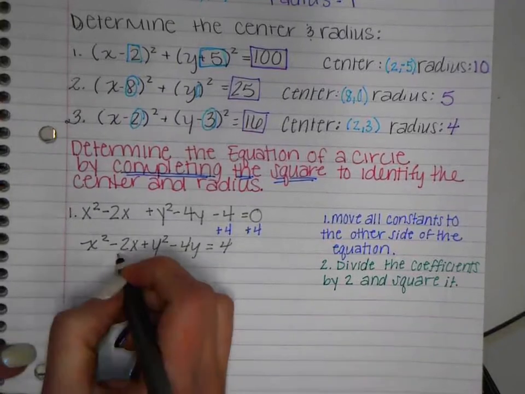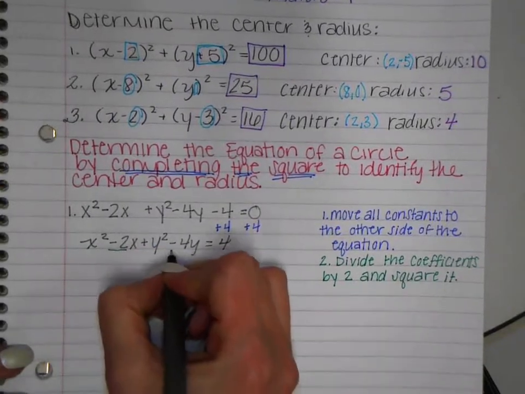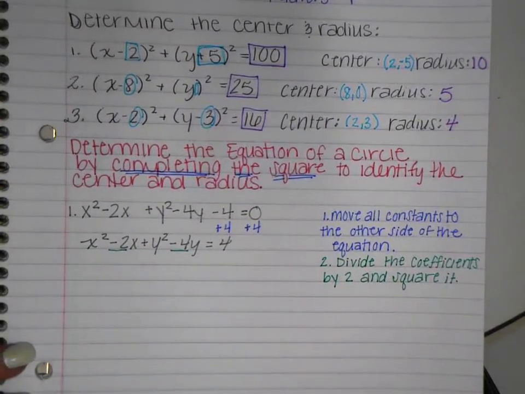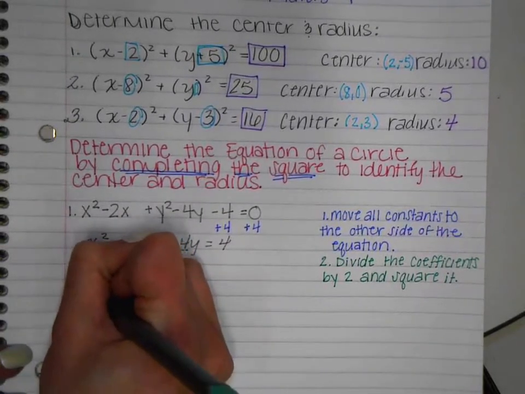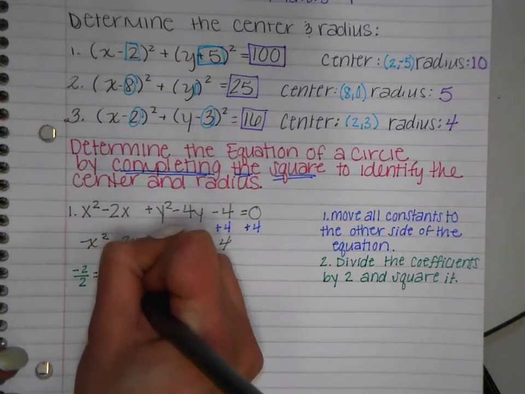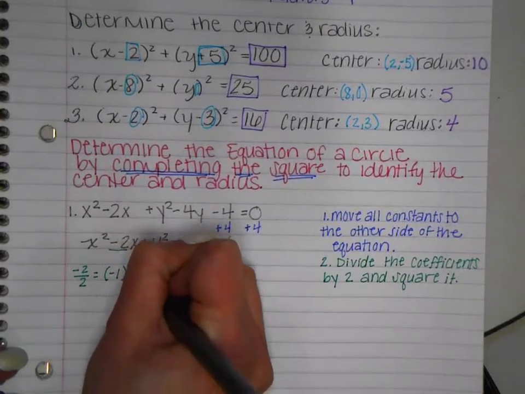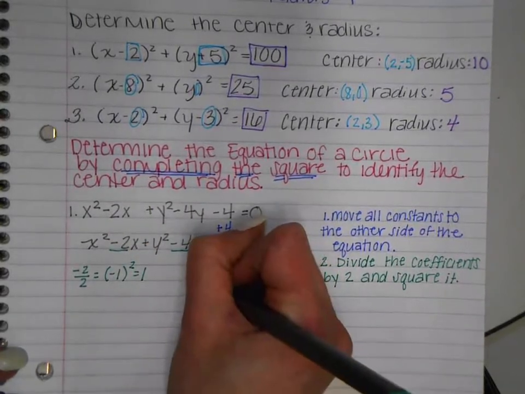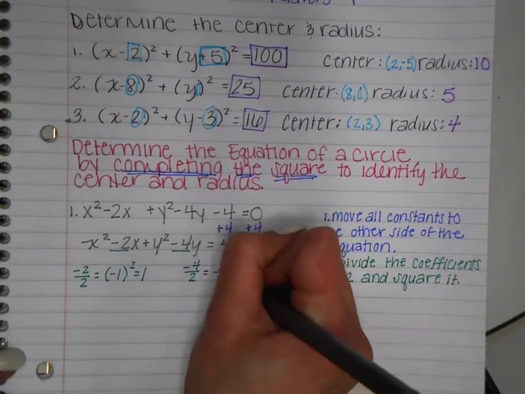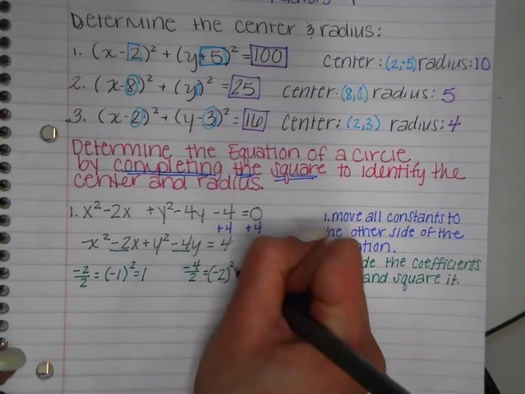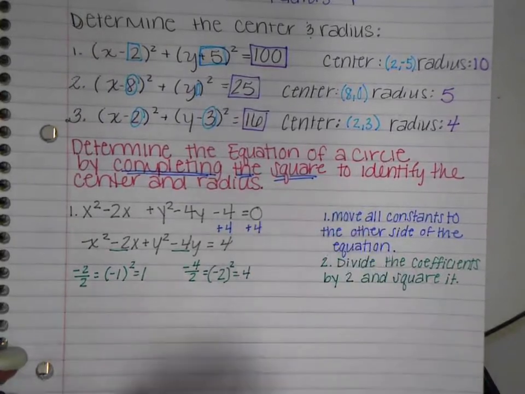So our coefficients are negative 2 and negative 4. So we're going to take our negative 2, divide it by 2, which equals negative 1. Squared equals 1. Negative 4 divided by 2 equals negative 2. You square it, equals 4.